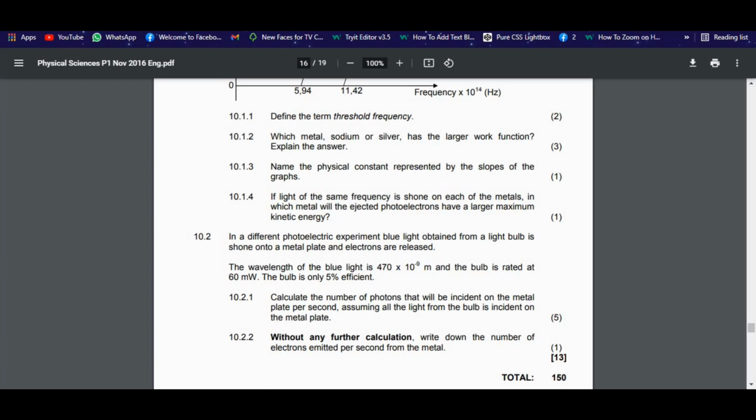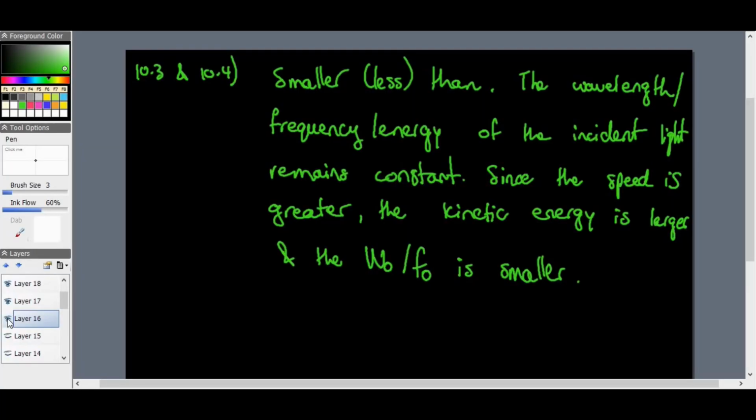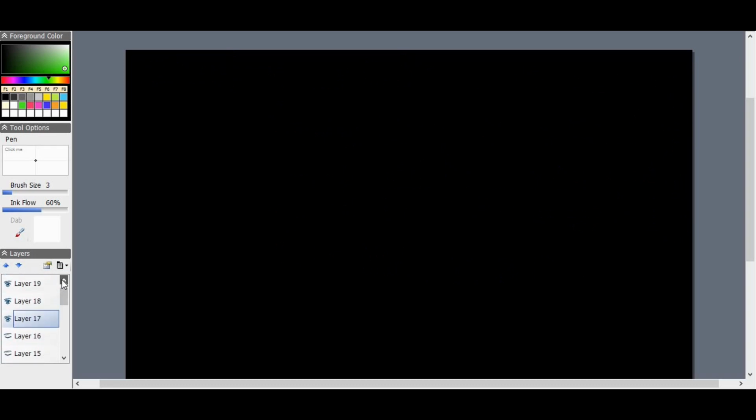Let me show you how we break this question up. First things first, we need to calculate the energy radiated per second by the blue light. It's only 5% efficient, so 5 over 100 multiplied by 60 milliwatts, so that's 60 times 10 to the negative 3.